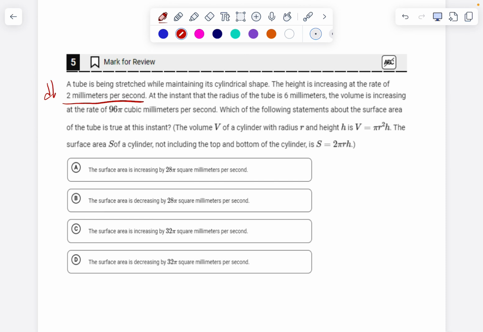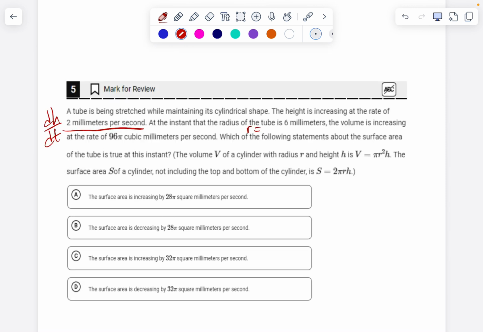Yeah. And I think as you go, especially on these multiple choice, just highlight and start naming things. So at a rate of 2 millimeters, that's a height. Oh, that's dH/dt. Okay. At the instant that the radius of the tube is 6, is that a rate? No. So I would maybe write in there R equals 6. Okay.